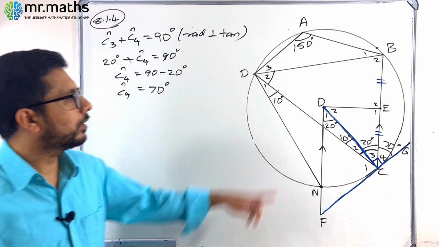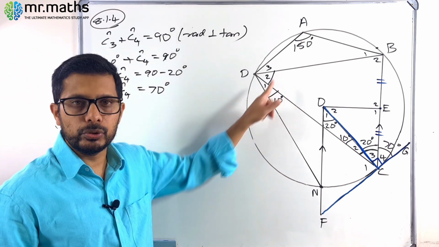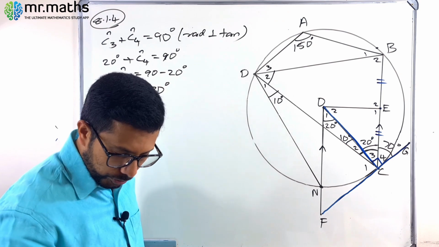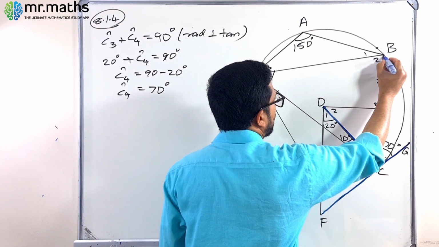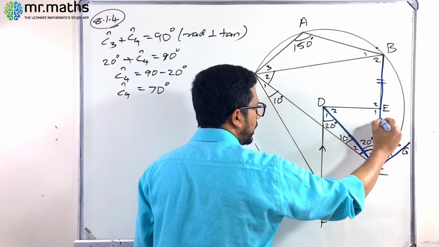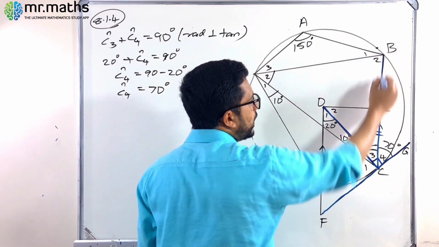But what is our question? We have to find angle D2. For that, look at this tangent. Can you see this tangent? Which line is that? BC.